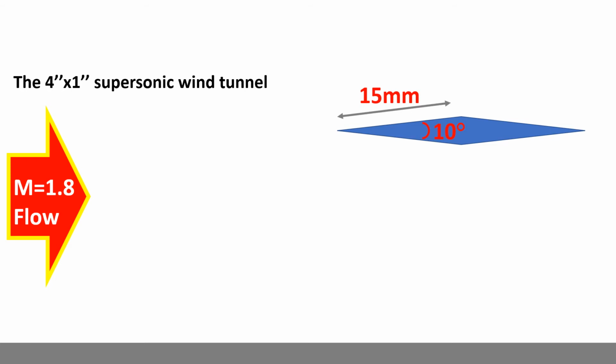The side has a length of 15 millimeter, and the aerofoil is placed at the center of the test section, so it's 50 millimeter from the wall. And we measure P infinity, which is basically the static pressure at the wall or in the free stream. And also we have the pressure tap at the lower panel close to the trailing edge, which is indicated by P.